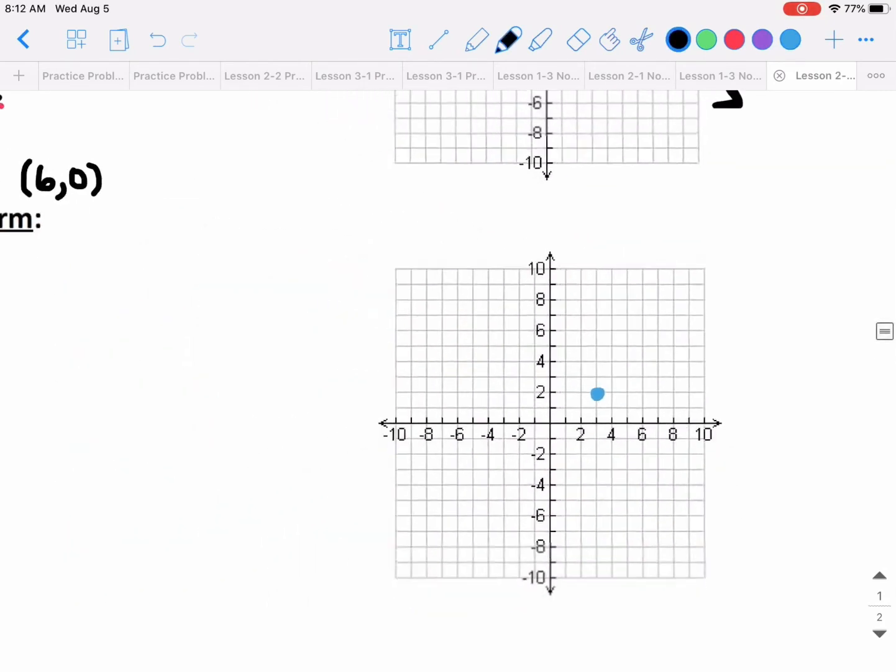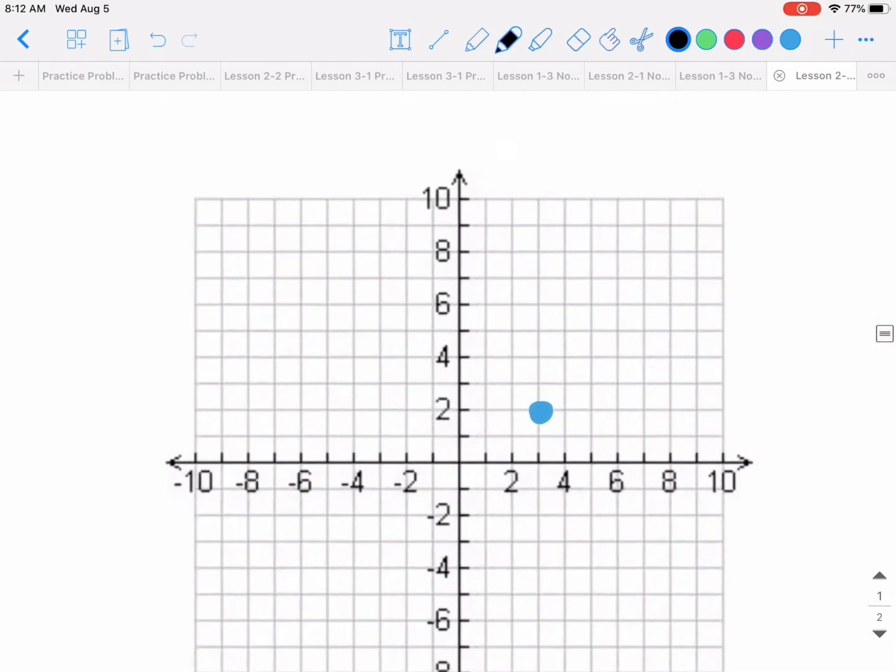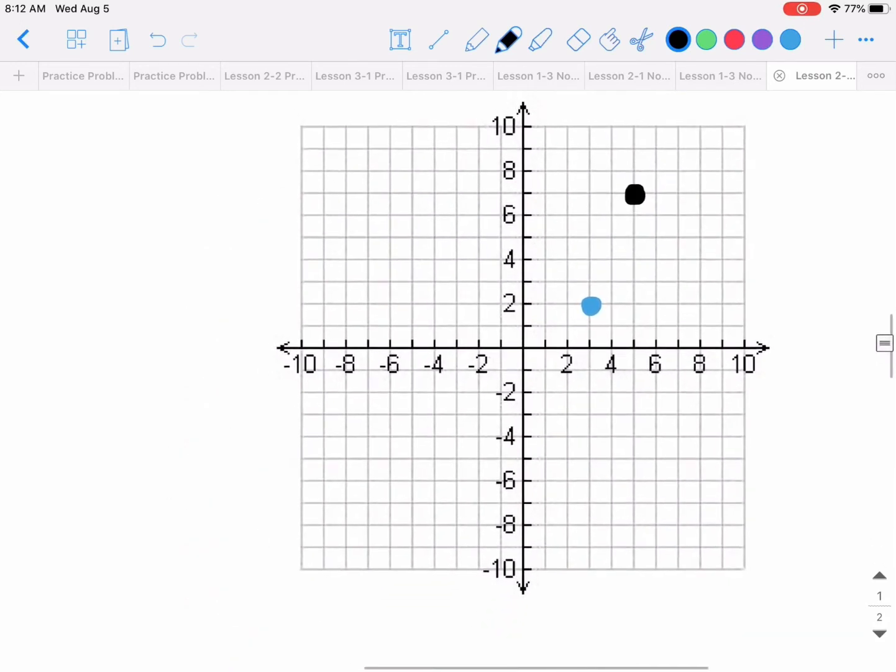And then I'm going to plot the other points based on the slope that I have. So up 5, 1, 2, 3, 4, 5, to the right 2. And I'm going to go to the left of the blue points, so 1, 2, 3, 4, 5, down, and to the left 2. And then I connect these, and that is my line.